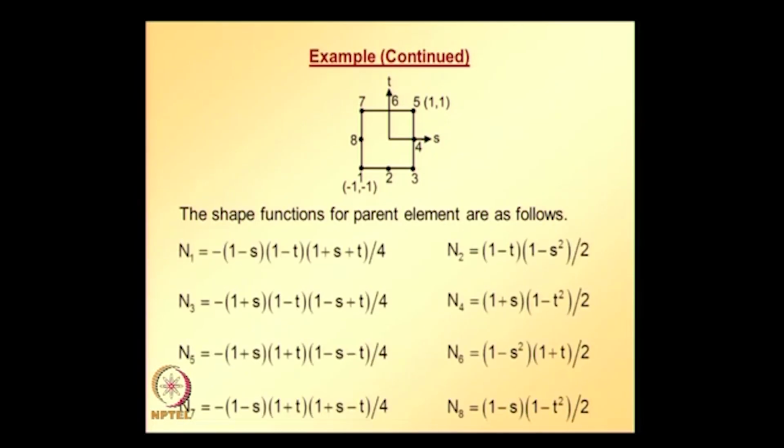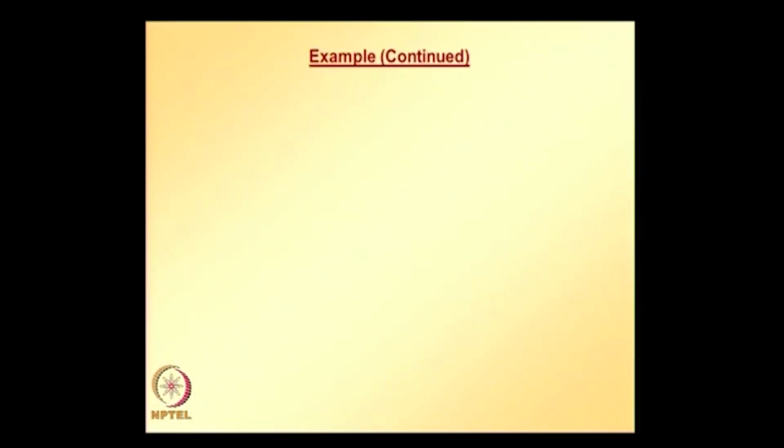So, from there you can easily get this information, the shape function for this 8 node parent element in terms of s and t. So, we have all the expressions for the shape functions, we also know the x y coordinates of the actual element. So, we can easily use both the information, and we can write expressions for isoparametric mapping.